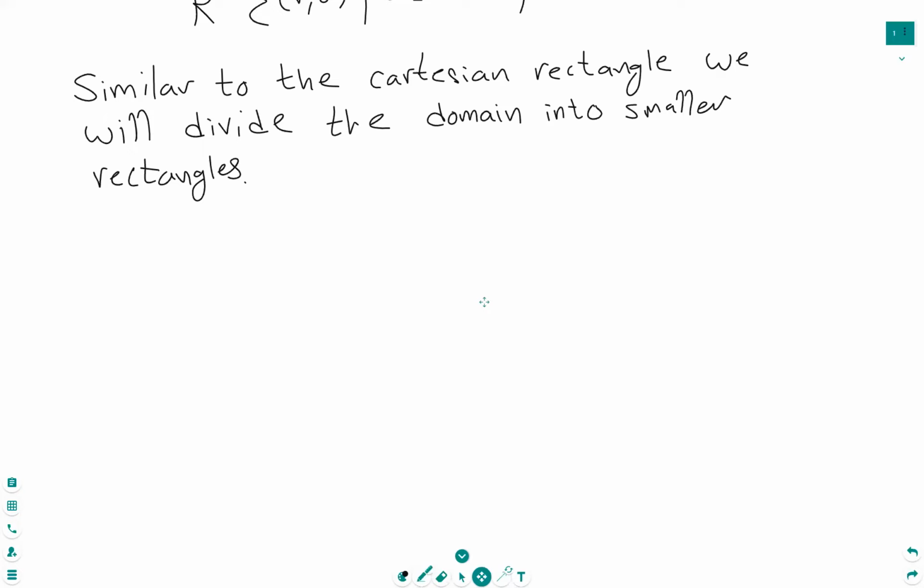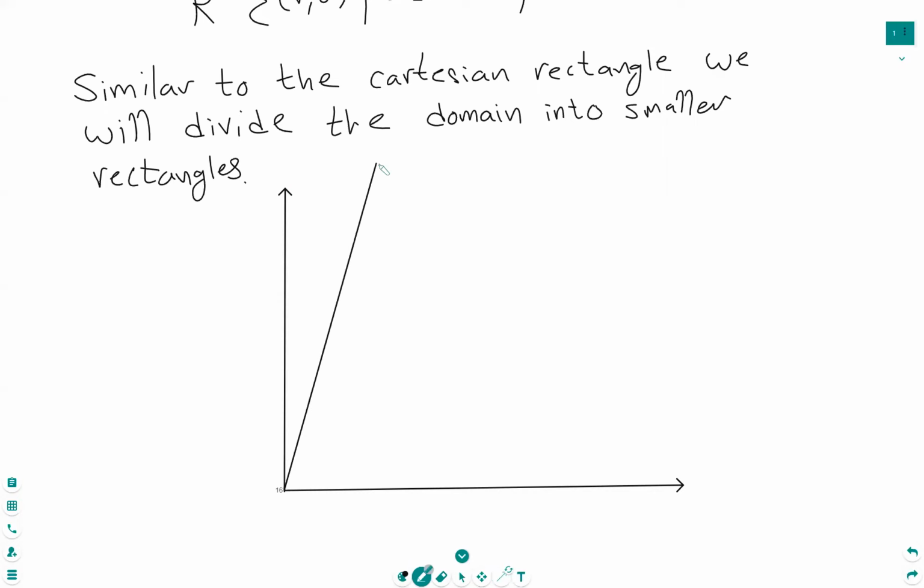And eventually we get to the actual limit, which is the integrals themselves. So we're going to do the same thing, but we're going to use polar rectangles this time. So maybe, let's say we have some angles here. Maybe something like this. I'm going to try my best to draw really nice arcs here.